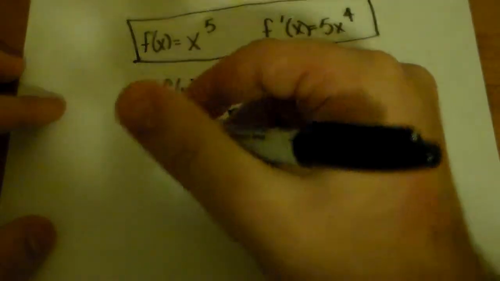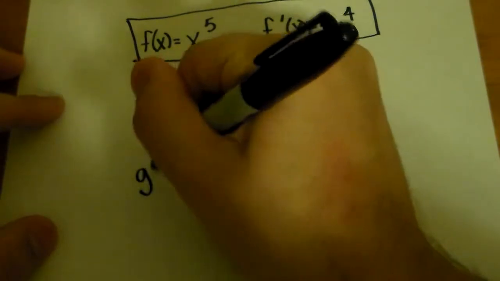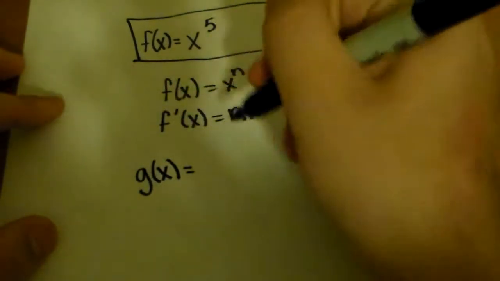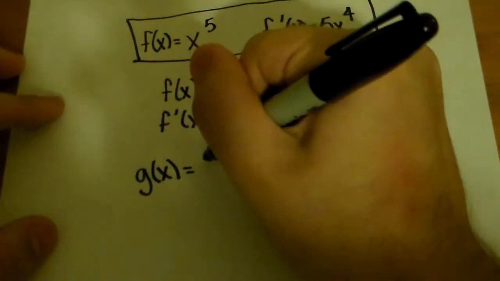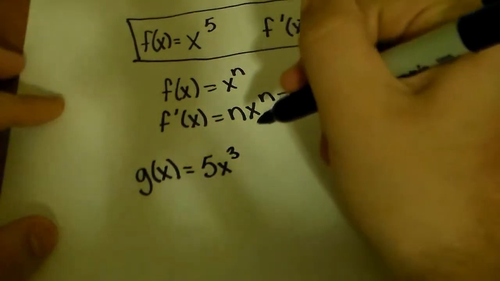So we'll do a little bit harder one. Let's say g of x is 5x to the third.